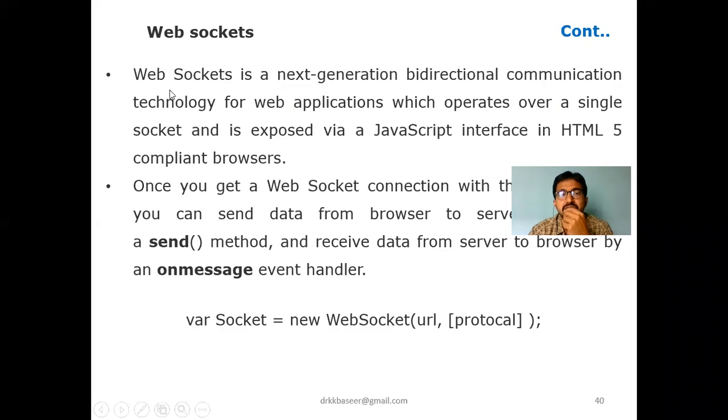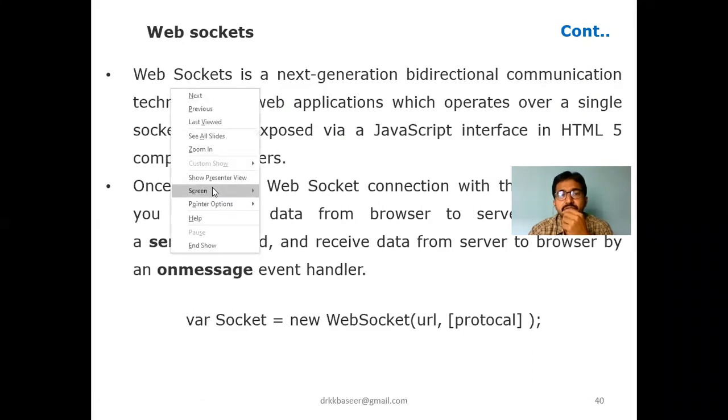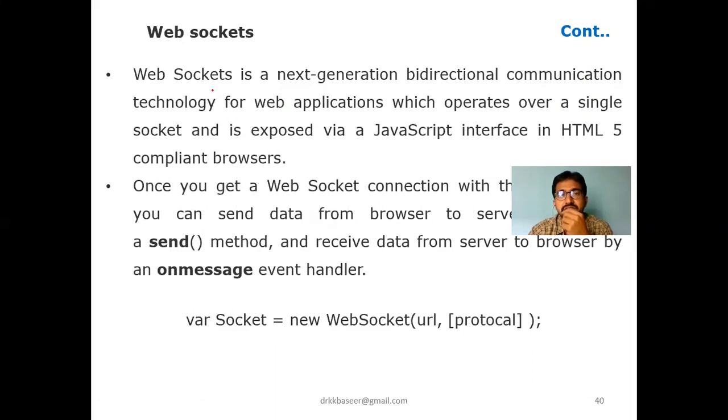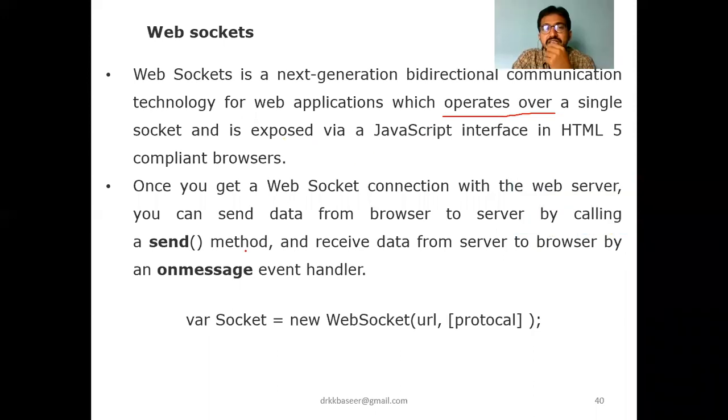Maybe in Linux programming you have the socket things, like sending the request, the packets, and we receive that. Sending a socket, receiving the details. So it is bidirectional, which operates over a single socket and is exposed via a JavaScript interface in HTML5 compliant browsers. So this WebSocket consists of a bidirectional way.